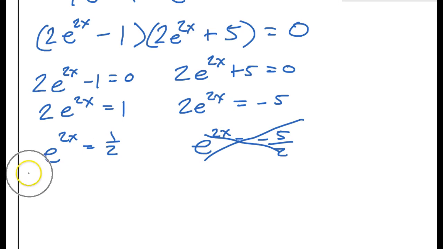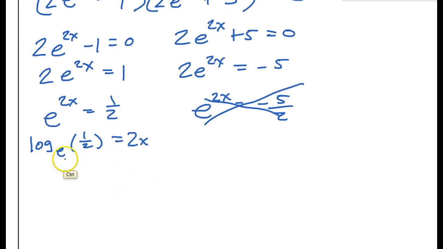So just one more time, if I were not knowledgeable, I would write log base e, and then I would switch these two expressions. So it would be log base e of 1/2 is equal to 2x. But we don't write log base e, we write natural log.